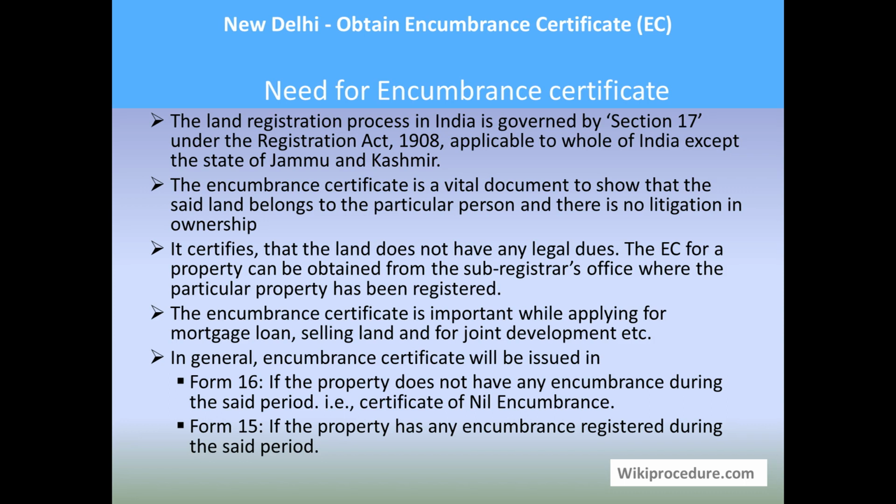This certificate will provide information about the title owner of the land, if there is any litigation on the land, and whether any legal dues are pending on this land. So these are the vital information one has to get before buying the land, and it is obtained from the sub-register office, usually where it is registered.